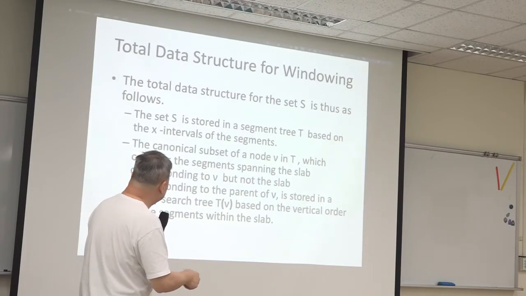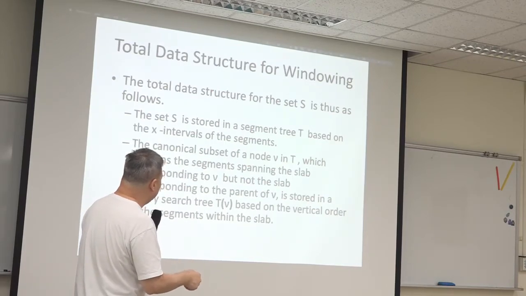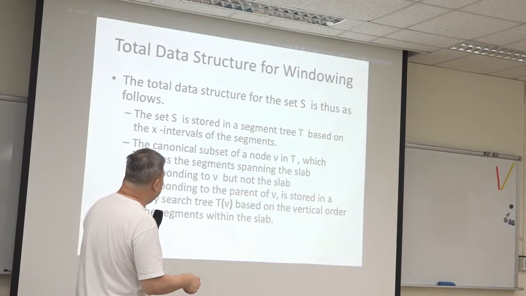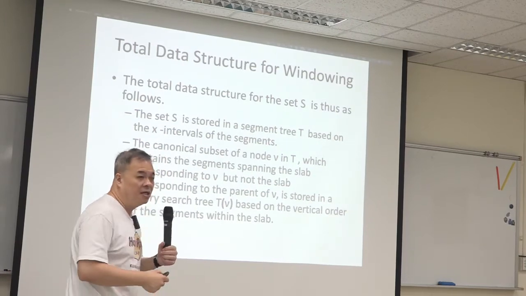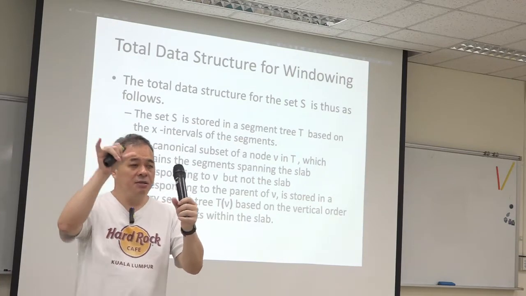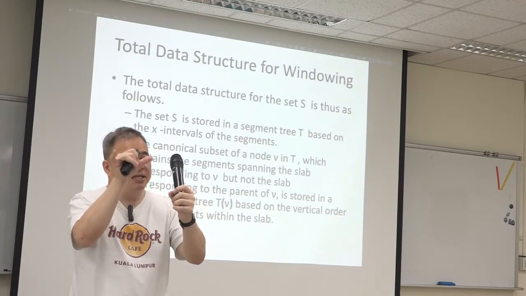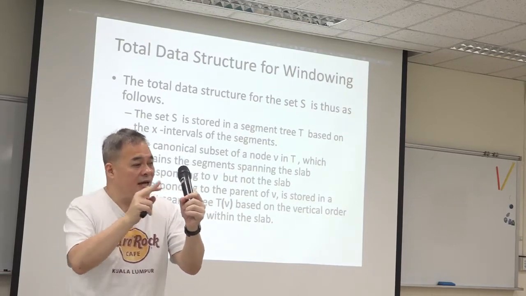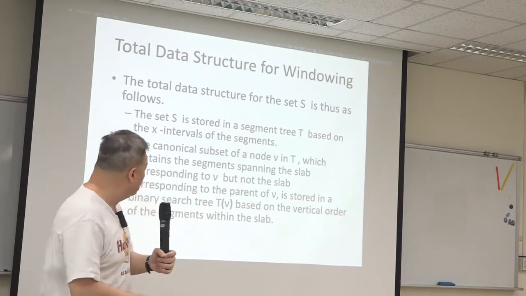And the canonical subset of a node V in a segment tree contains the segments spanning the slab corresponding to V, but not the slab corresponding to the parent of V. The segment is stored at the highest node that spans that slab, right?